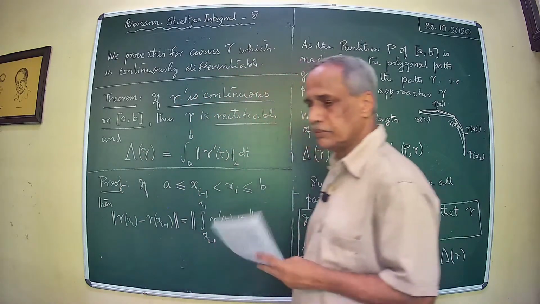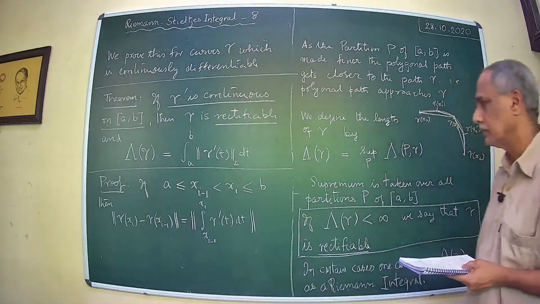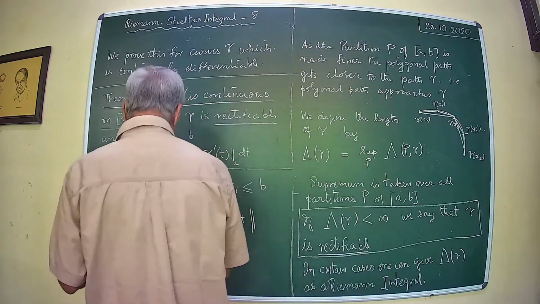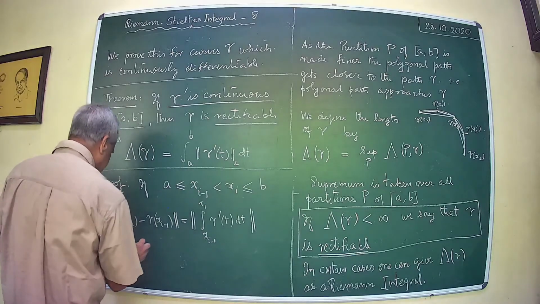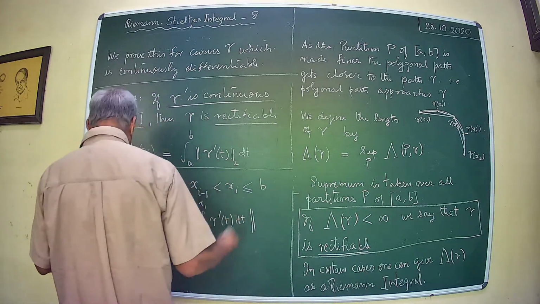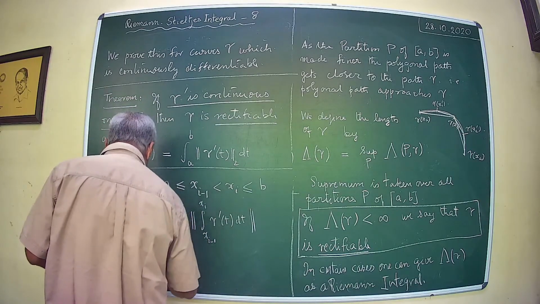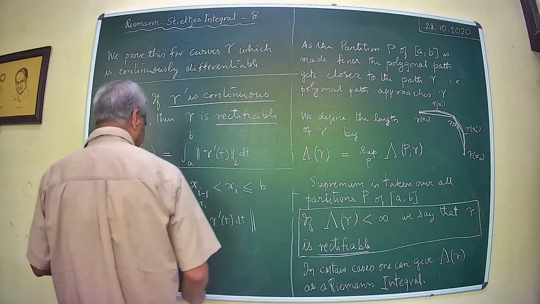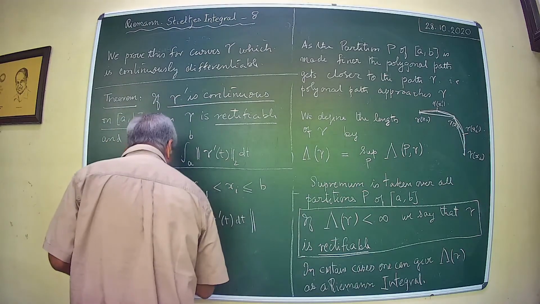All that you are observing is that this is just merely an application of the fundamental theorem of calculus. Then this is less than or equal to, now you can take this norm inside, and what you get is the integral from xi minus 1 to xi of the norm of gamma prime.